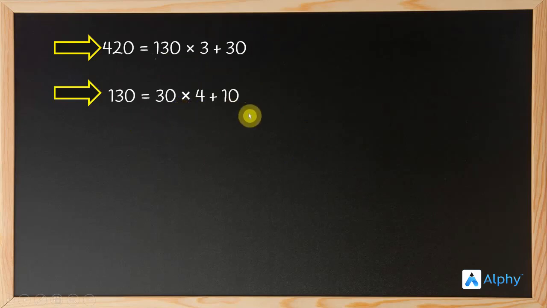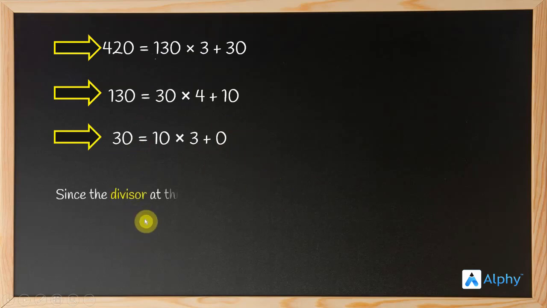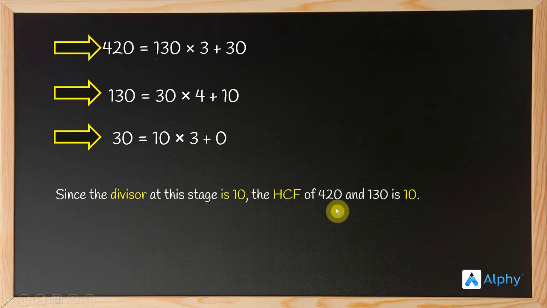Again the remainder is not 0, so we apply the lemma with 30 as the dividend and 10 as the divisor. 30 = 10 × 3 + 0. Now you can see that we have reached 0 in the remainder, and this implies that we have to stop now. Since the divisor at this stage is 10, the HCF of 420 and 130 is 10.